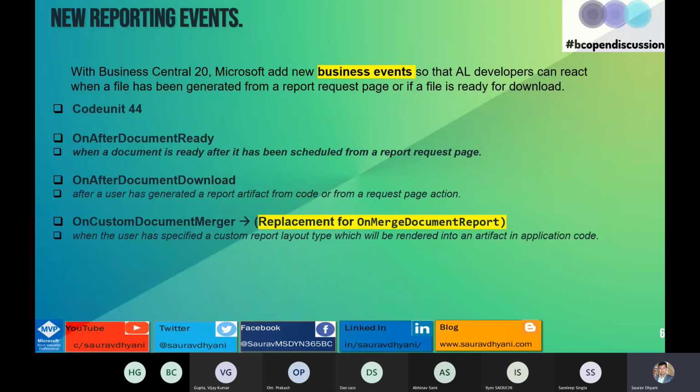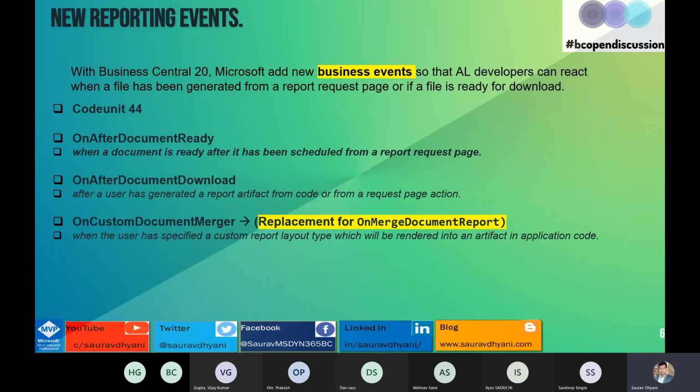Now, there were some limitations. I know I haven't faced them yet on the projects that I'm working on, but now you can react when, let's say, you chose to save as PDF and the file has been generated from the request page, or if it is ready to download, you can act on those situations also in a report if required.